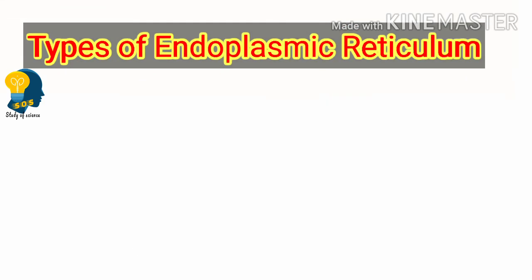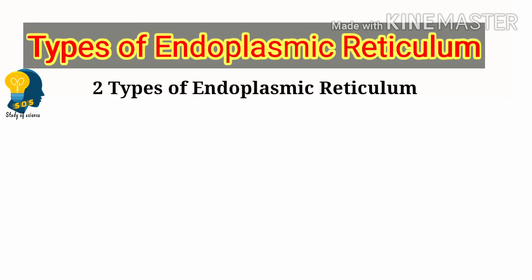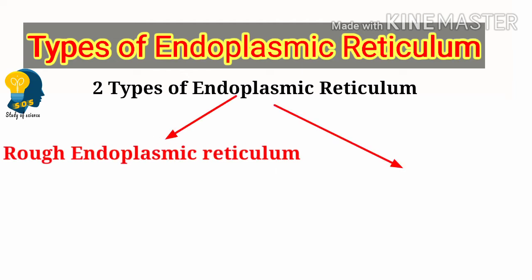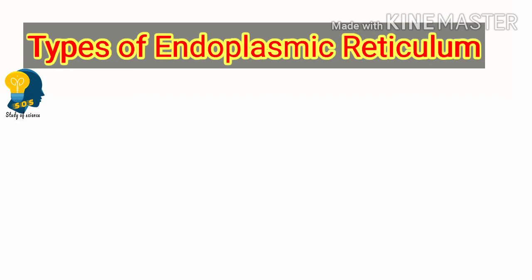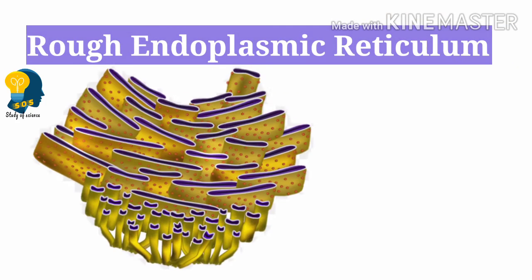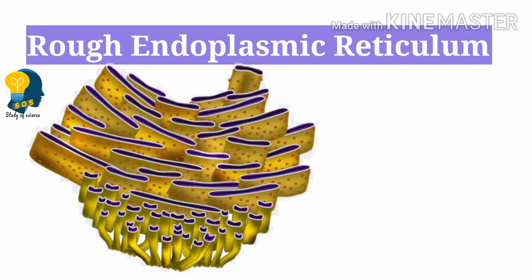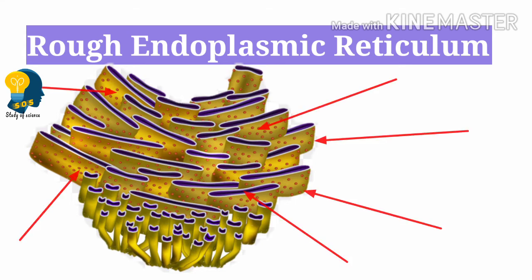Now let us understand the types of endoplasmic reticulum. Majorly, the endoplasmic reticulum is classified into two types. The first type is the rough endoplasmic reticulum, and the second type is the smooth endoplasmic reticulum. Now we will understand why we call it rough or smooth.